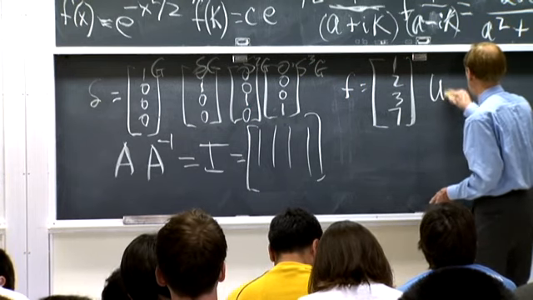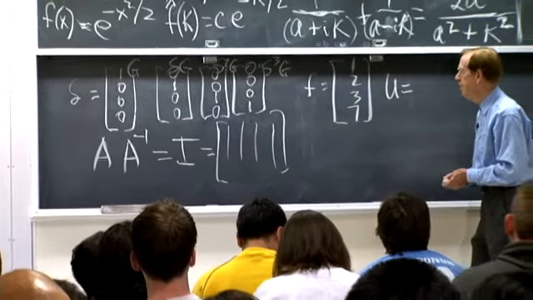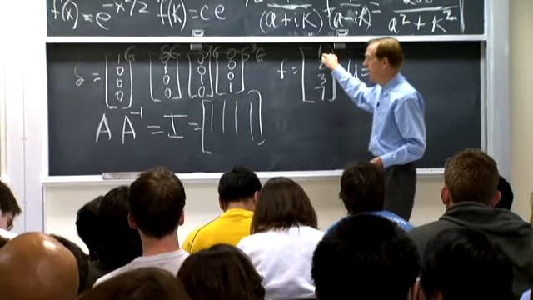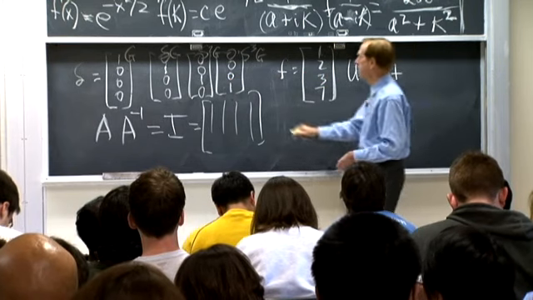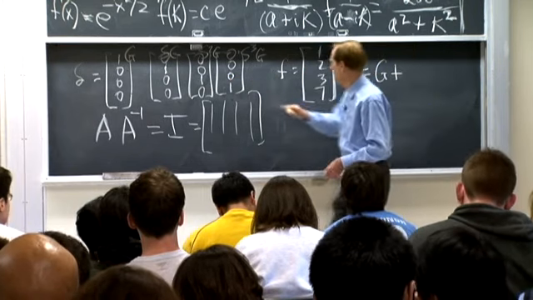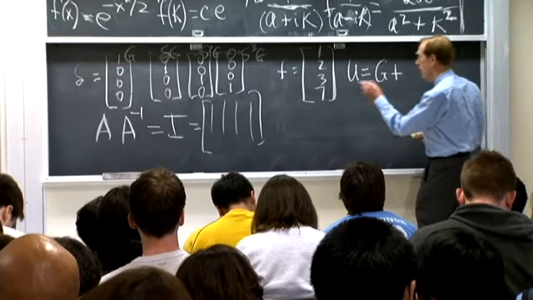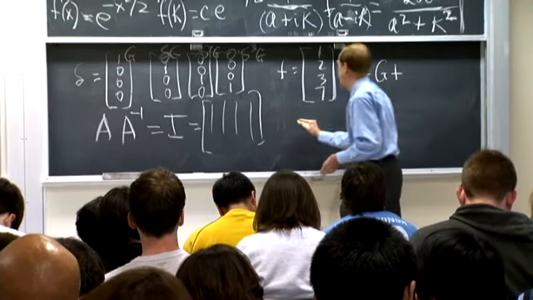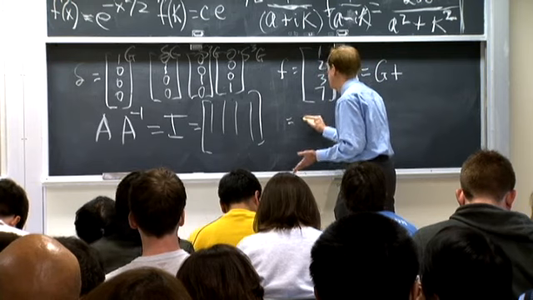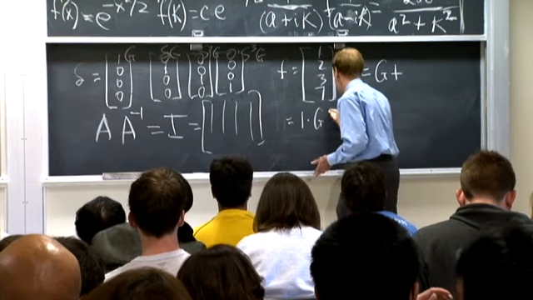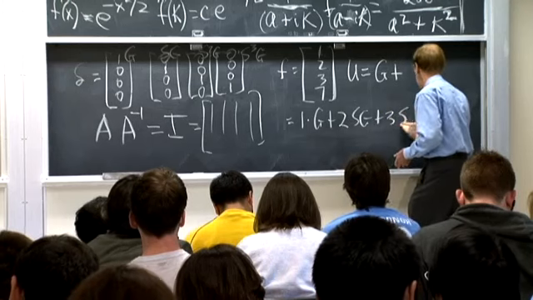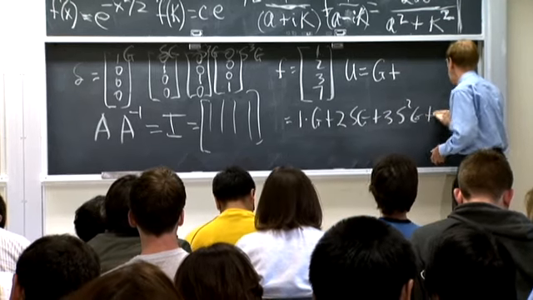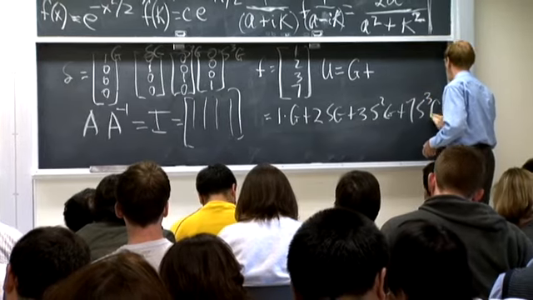Then U is what? It's 1 times the Green's function, 2 times the shifted, 3 times the double shifted, and 7 times the triple shifted.